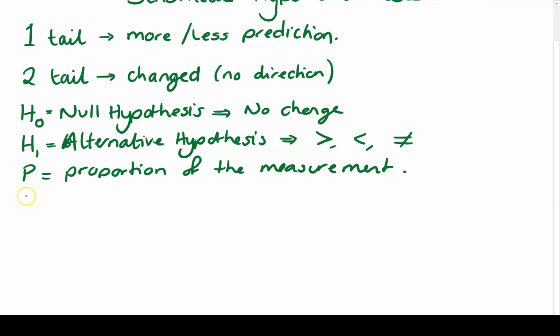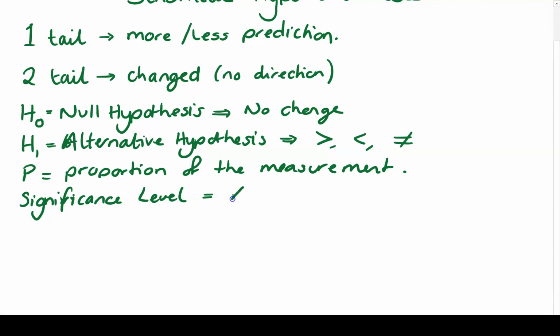You've also got what's called a significance level. The significance level is kind of your little bit of leeway. It's usually a percentage, and it's normally 1, 5 or 10%.